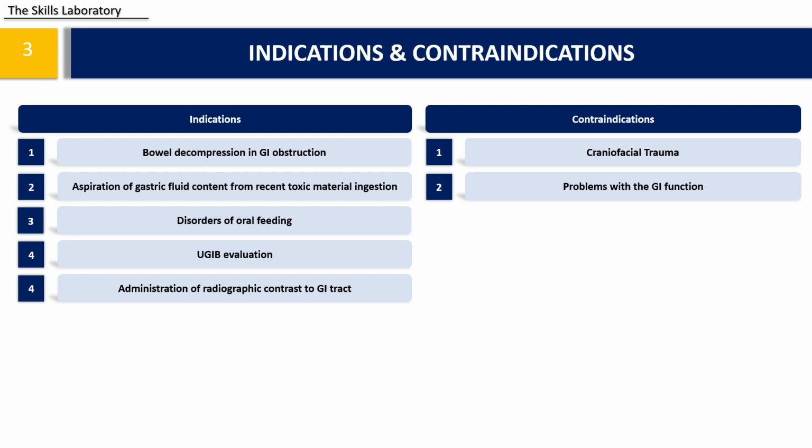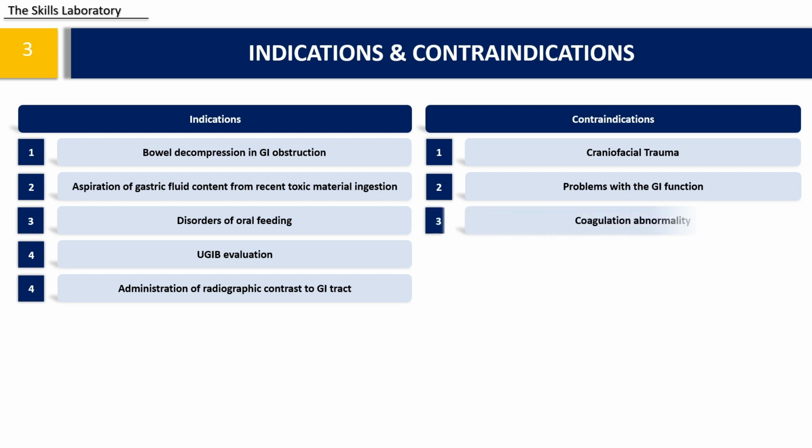So it is very important to take note that for patients who have perforation, esophageal varices, and acid or alkali ingestion, it is best to avoid inserting OGT and NGT. So it is very important for you to know the case of your patient before inserting a tube.